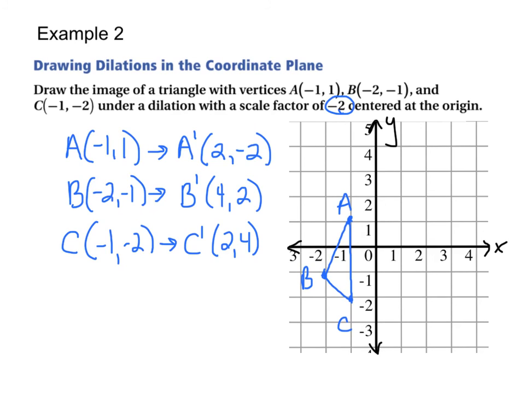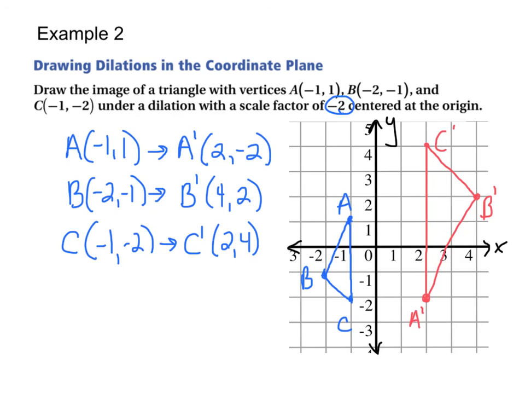So if I graph those, (2, -2), which is A prime, B, which becomes B prime, which is (4, 2), and C prime, which becomes (2, 4). I connect those. Now, notice what happened. The red image is double the size of the pre-image.